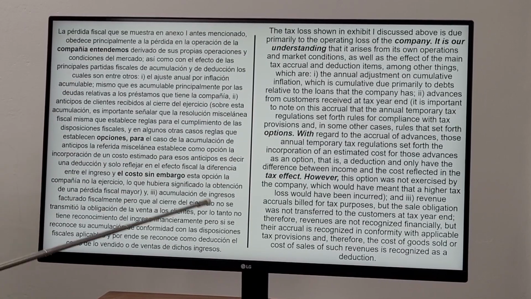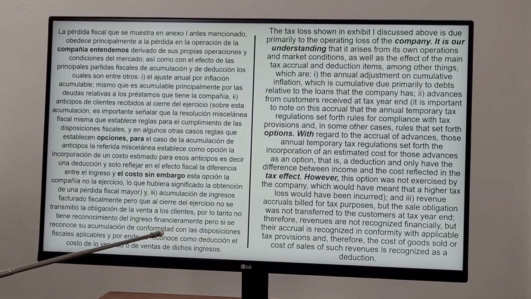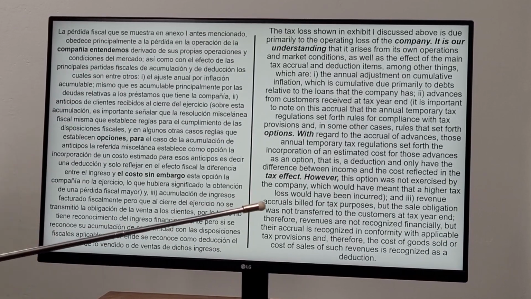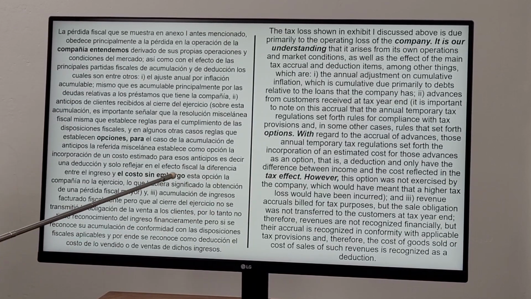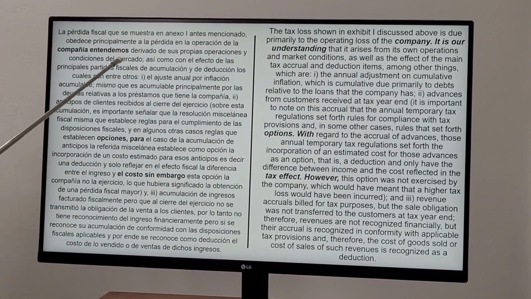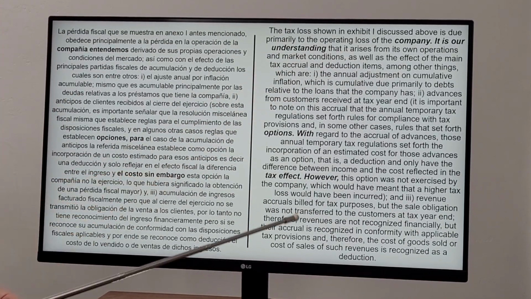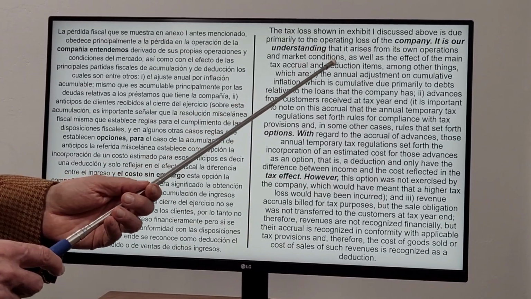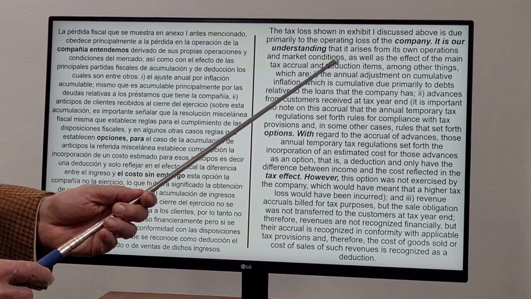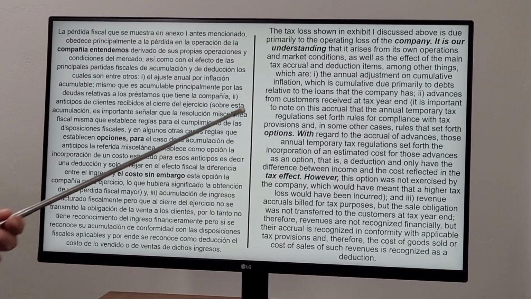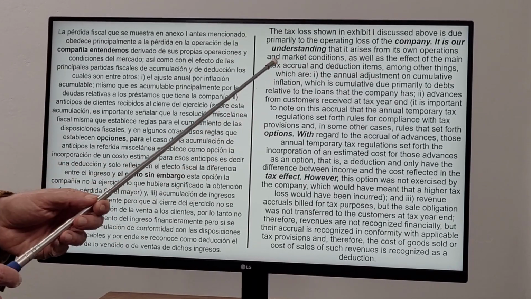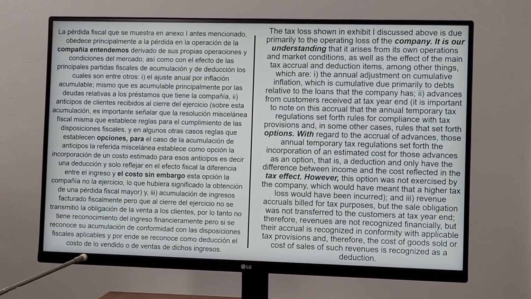So entendemos it is our understanding, and derivado, this past participle verb form, has to be converted from this past participle form into an active voice verb with its subject. It is our understanding that it arises from our own operations and market conditions.